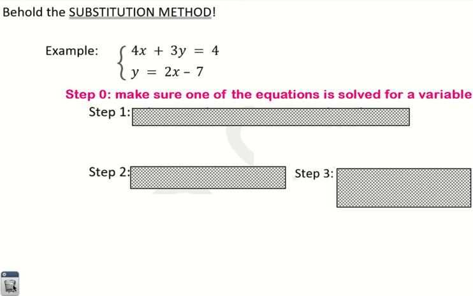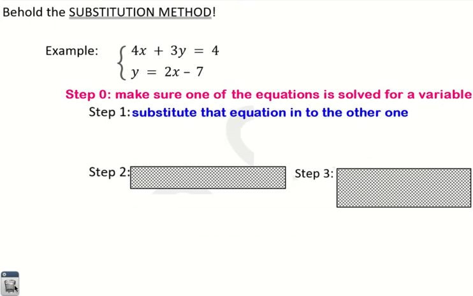In this case, the second equation is literally telling you that y equals 2x minus 7. y is all by itself on one side, and so it's solved for y, and we know that it's equal to 2x minus 7. Step 1 is to substitute.